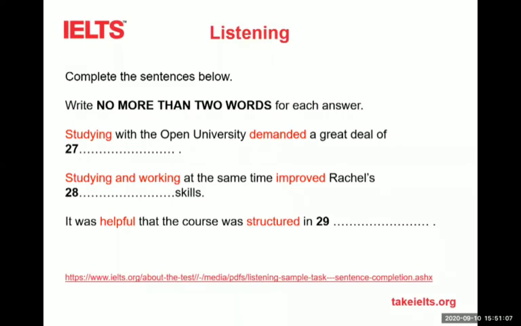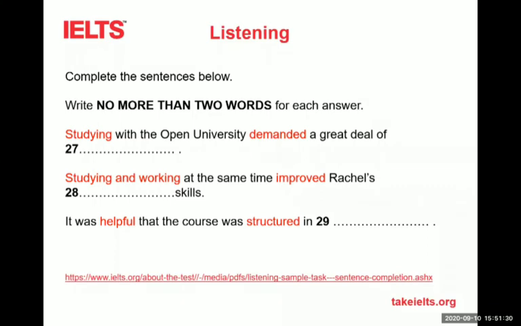So which part of speech do we need for 27? Do we need a noun, verb, adjective, adverb? Not adjective, Miriam, no. Yes, Victoria, yes, good. Okay, yes, we probably need a noun.